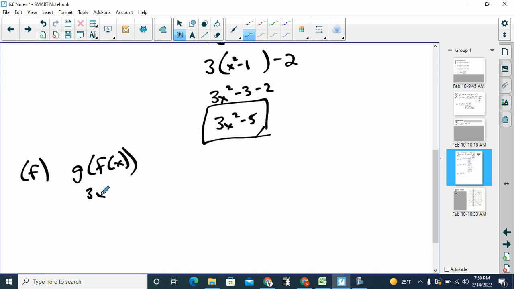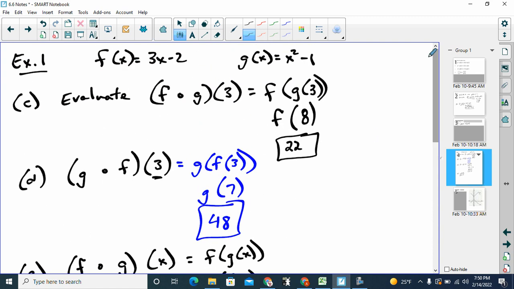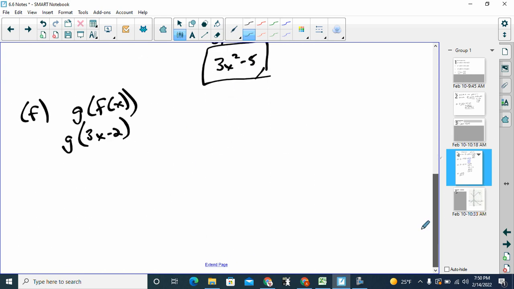F of x is equal to 3x minus 2. G of 3x minus 2 means go to your g of x and replace x with 3x minus 2. So I have x squared minus 1, but instead of x, I'm putting in 3x minus 2.